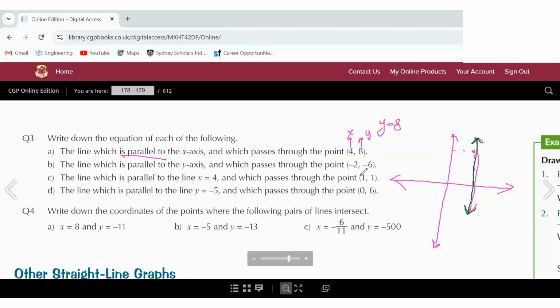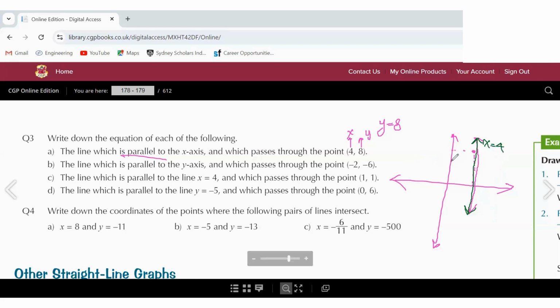y equals 4? No, dear. y equals 4 means where does it come? Will it come parallel to this one? y equals 4 means it will be touching somewhere over here like this. But I need a line which is parallel to this green line that I've drawn, and this green line's equation is x equals 4.